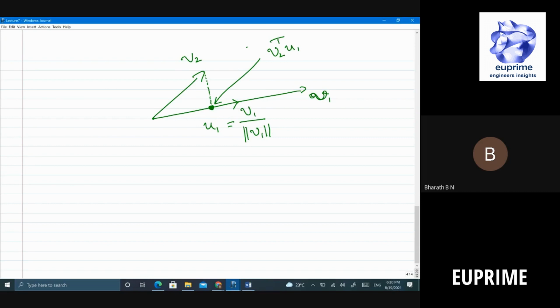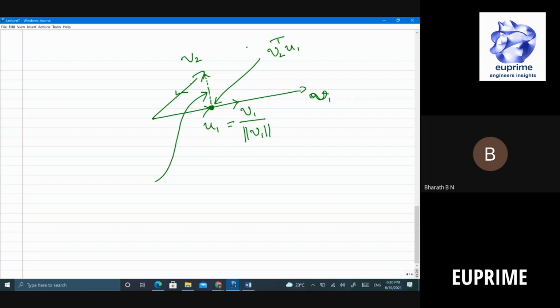Now I have to come up with a vector that is orthogonal. How do you find the orthogonal vector now? Now you look at this vector. This vector is orthogonal, right? So what is this vector? Let me write it here. This vector minus this vector will give me the orthogonal vector.